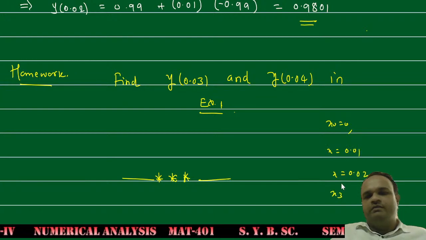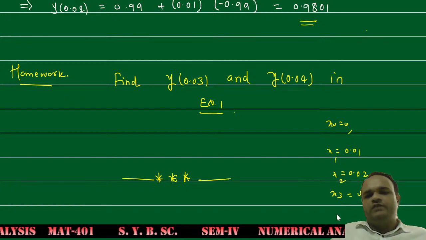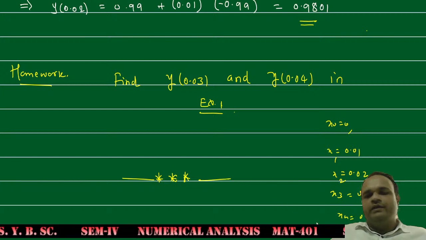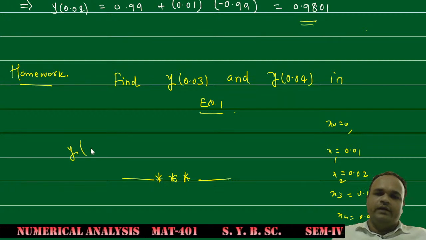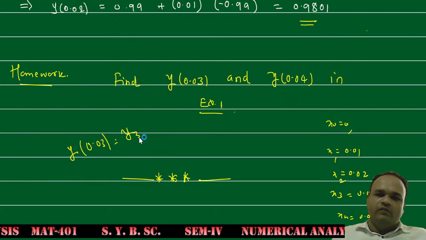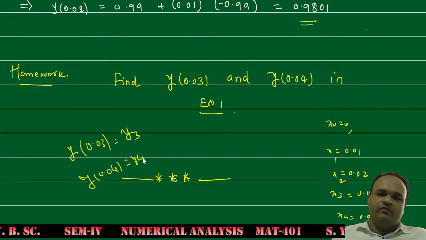Similarly, x3 will be 0.03 and x4 will be 0.04. So you have to find y at x3 and y at x4. That means you have to find y3 and y4.